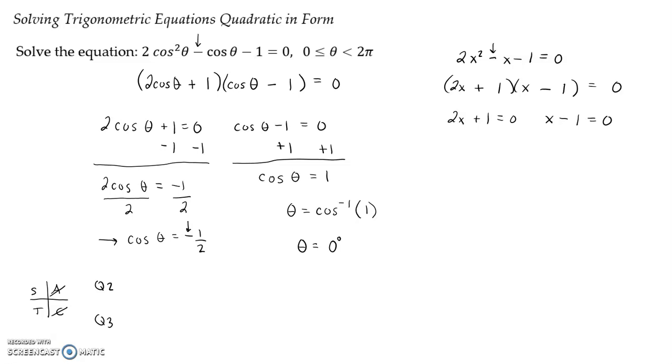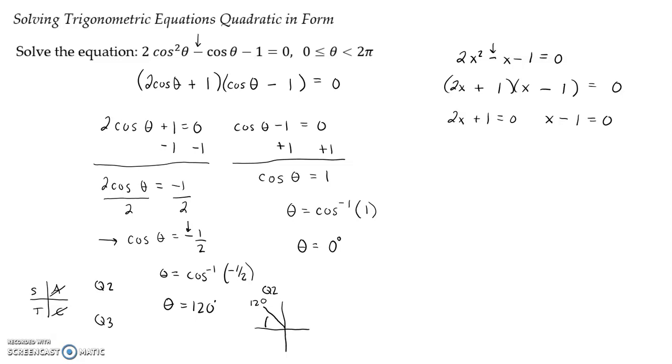Alright, so let's go ahead and take inverse cosine of both sides. And let's go ahead and work in degrees first. This is going to give us an angle measure of 120 degrees, which is the angle measure we were looking for in quadrant 2.